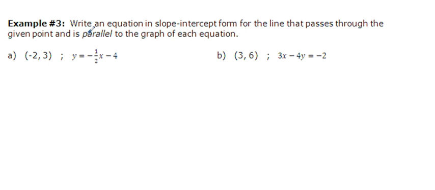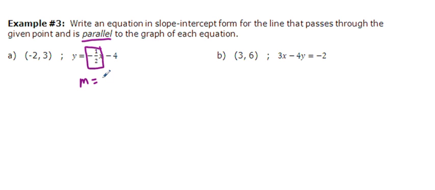This one says write an equation of a line in slope-intercept form for the line that passes through the given point and is parallel. So this is the same exact thing we just did, except instead of giving you a y-intercept, they give you a point. So we have to put it in point-slope form first. Since it's parallel lines, I know that parallel lines have the same slope. So all I do is take the slope from the equation that they give me.